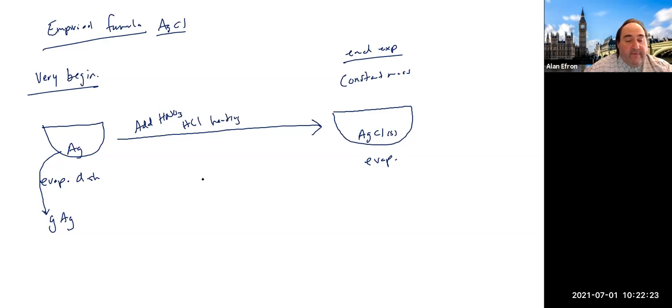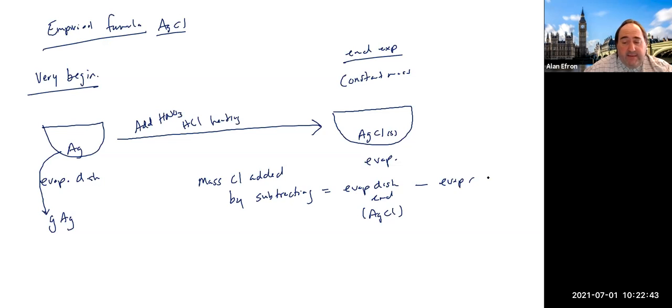So we find the mass of the chloride that was added by subtracting the evaporating dish at the beginning, which had just the silver, from the evaporating dish at the end, which has the silver chloride together. That will give us the mass of the chloride that we added on to the silver. Any questions on that?